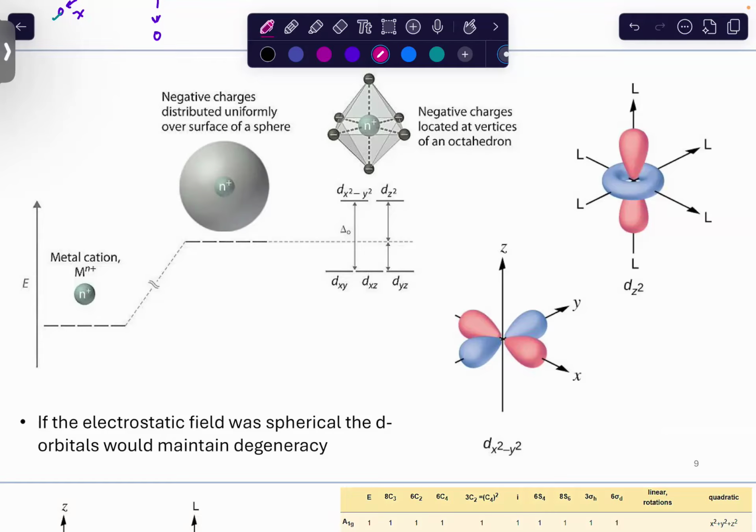In these energy separations, you'll see delta O, delta tet for tetrahedral, and so on. This splitting is one of the things that's going to determine what we will come to see as low spin versus high spin.